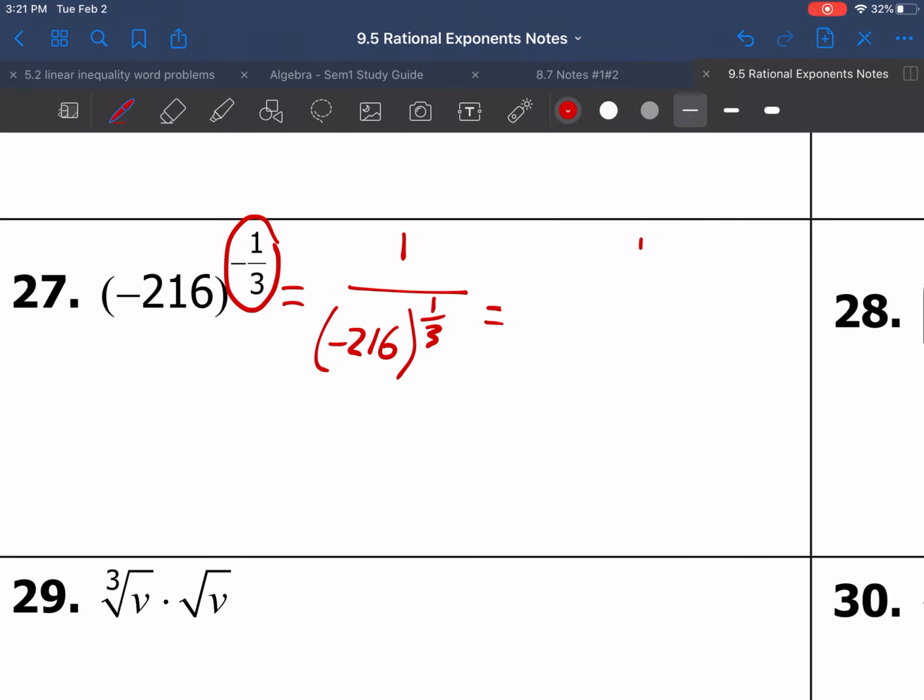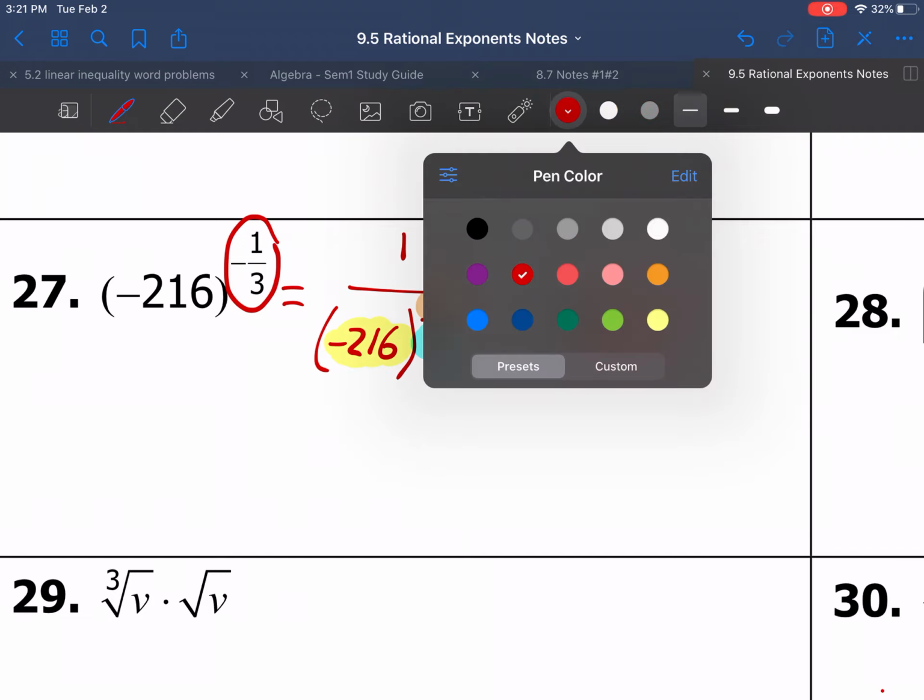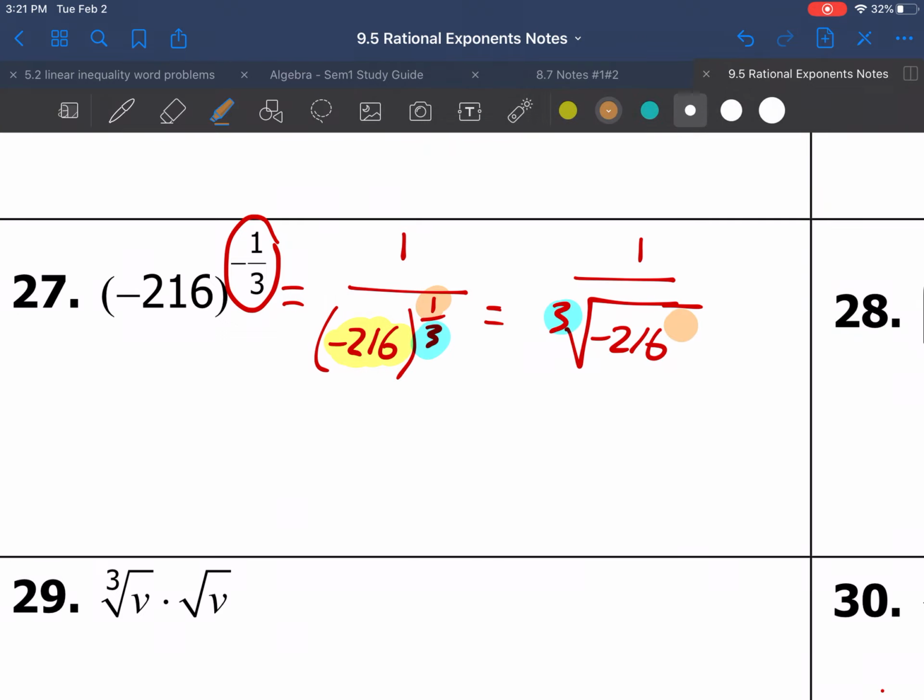So if that's the case, you'd want to build a radical, right? You could say that this is 1 divided by, let's make your radical, find your base, which is going to be right here as a negative 216. Okay, so put your negative 216 in here. And then by now, hopefully you're understanding there's 2 locations. There's this denominator, which goes here, and there's a numerator, which goes here, which means this denominator should be a cube root, and the numerator should have been a 1.